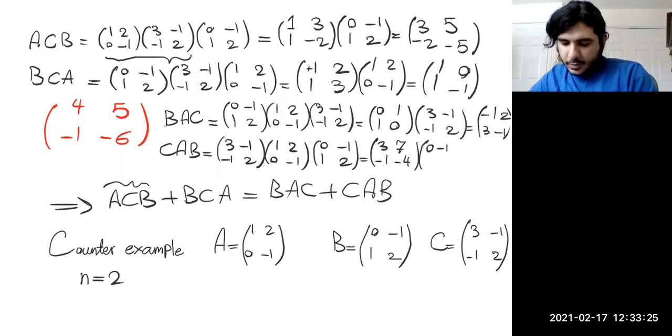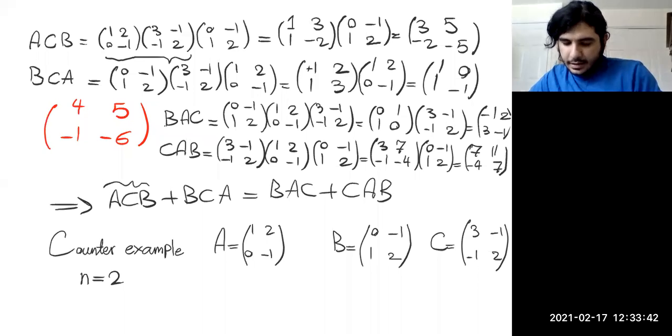Times 0, minus 1, 1, 2, we would get 7, minus 3 plus 14, 11, it would be minus 4, 1 minus 8 minus 7.